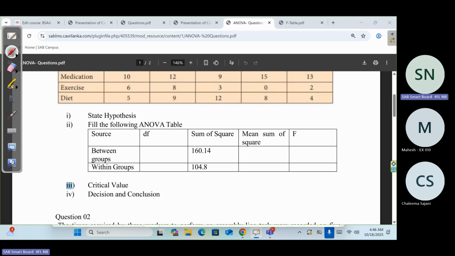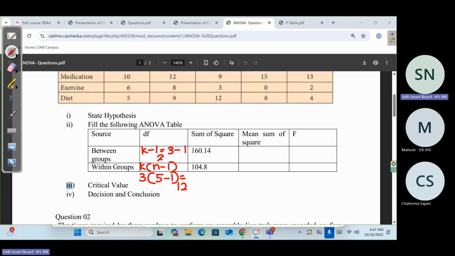It means 3 groups minus 1. What is the DF value? Understood? Within groups, K into N minus 1. K means 3 groups are there, each group consists of 5. What is the value? 12.